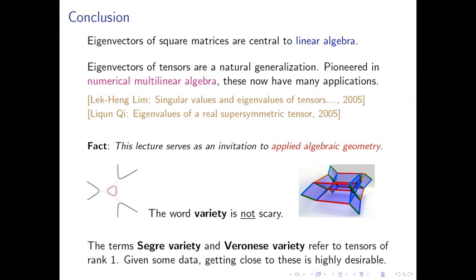Now, one thing I would like to stress here is the very great importance of the word variety. The nicest tensors, rank 1 tensors or rank 1 symmetric tensors, are called the Segre variety and the Veronese variety. Given some data, you really want to get close to these varieties.